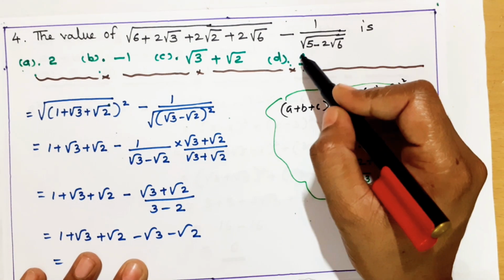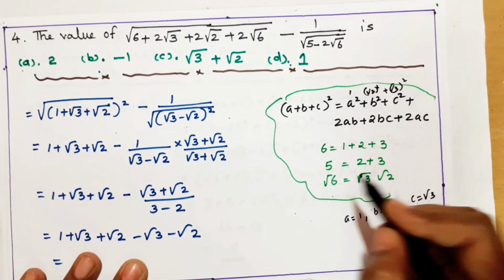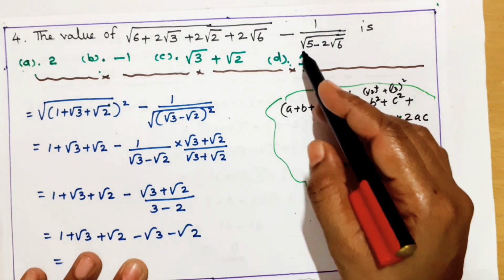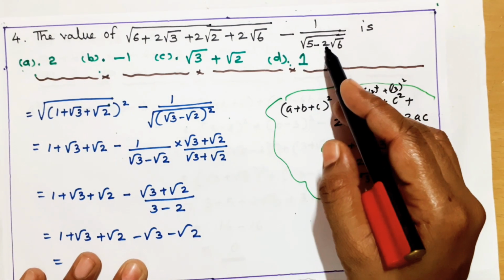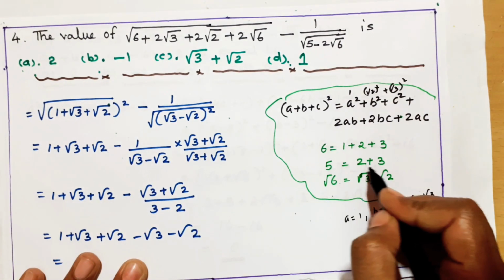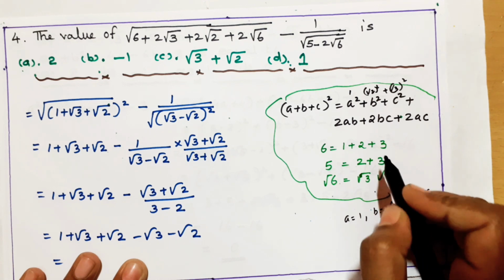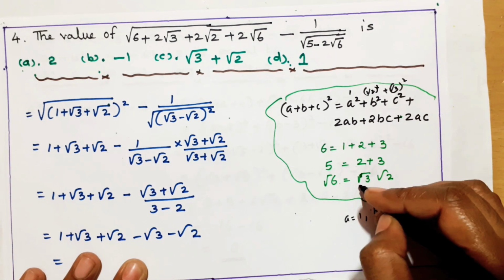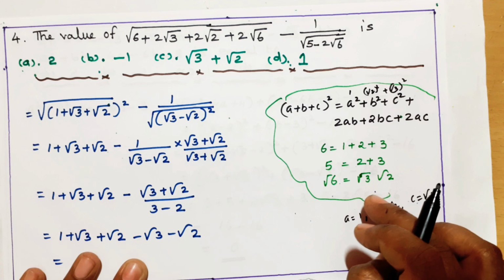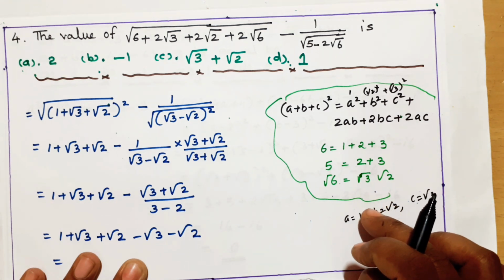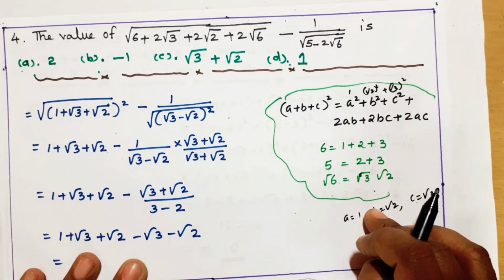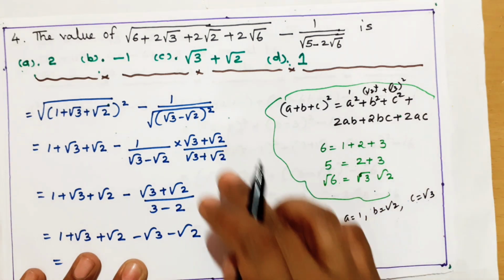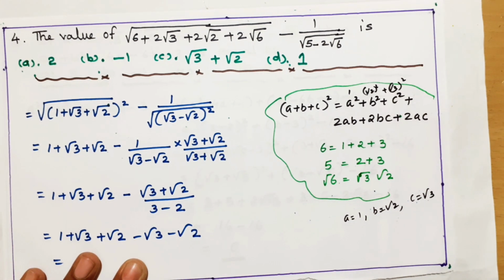Here 1 by root over (5 minus 2 root 6). See, 5 is nothing but 2 plus 3. Root 6 is nothing but root 3 into root 2. So you just check how we can do it.